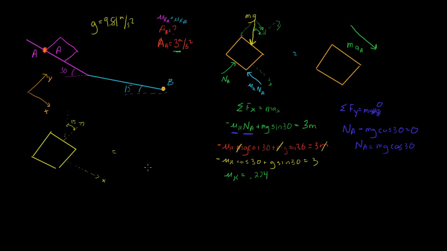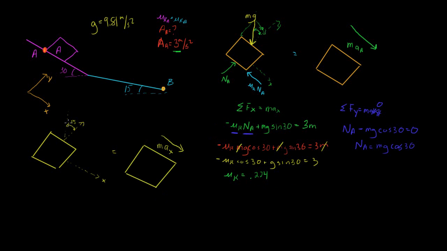And this is equal to the same box in our kinetic diagram. And we're going to assume a mass times the acceleration in the x direction, and we're going to assume a positive acceleration.